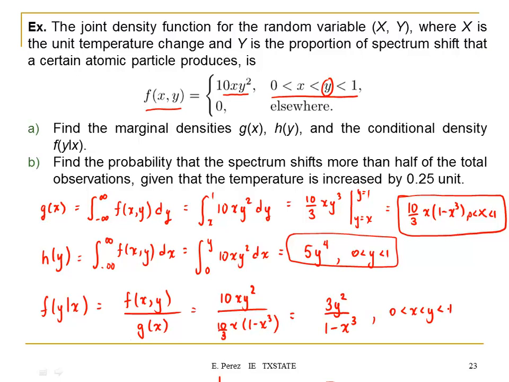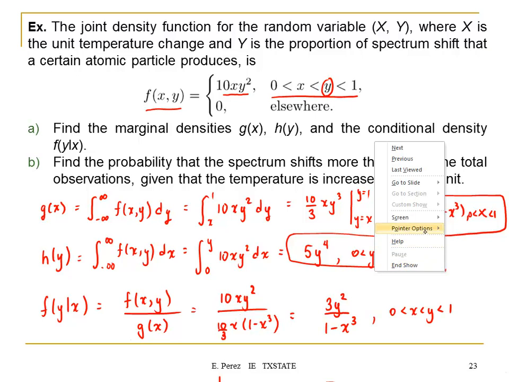Part B is asking, find the probability that the spectrum shifts more than half of the total observations, given that the temperature is increased by 0.25 units. So from the original description of the problem, we know that y is the proportion and x is the temperature. So if we want to find the probability of that happening, can I move to the next slide? Yep. Let's set up the expression.